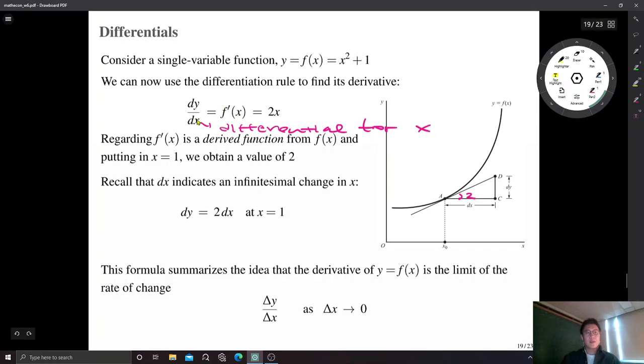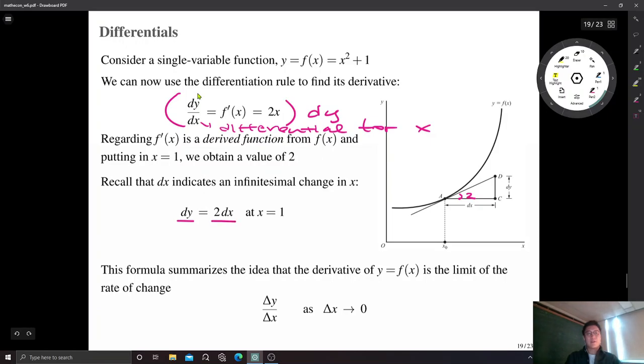Okay, so here we have dy over dx. Let me read this: differential for y divided by differential for x. Then I can multiply both sides by dx. So after plugging 1 for x, I can rewrite this as dy equals 2 times dx.